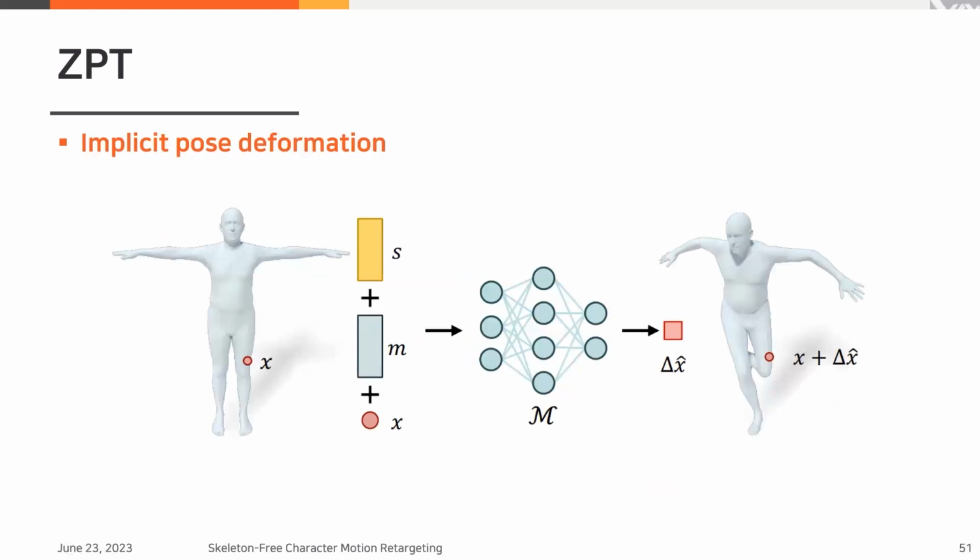And after training the shape understanding module, they train an implicit pose deformation module to deform individual surface points to match the target pose. Given the learned shape code from the previous module, a sampled pose code, and query points around the surface, a neural implicit function M estimates the offset of x in 3D space.